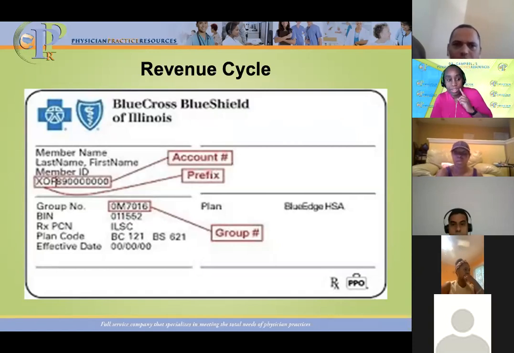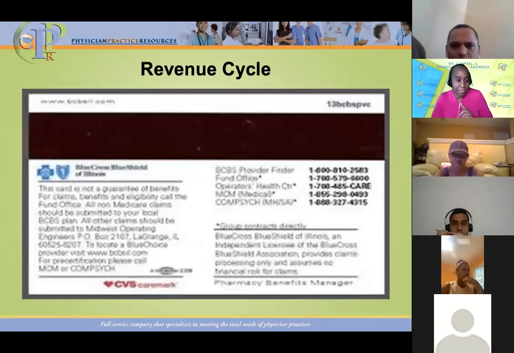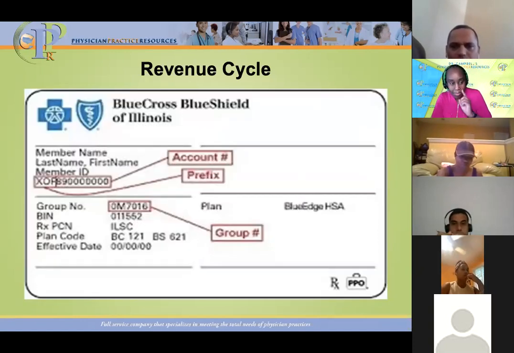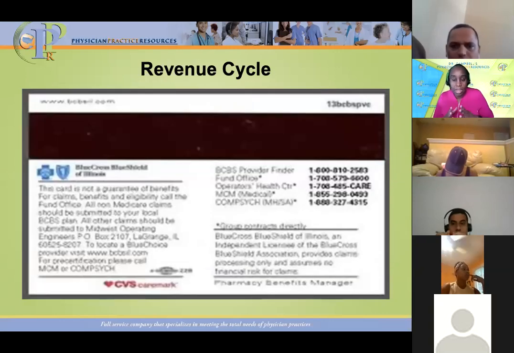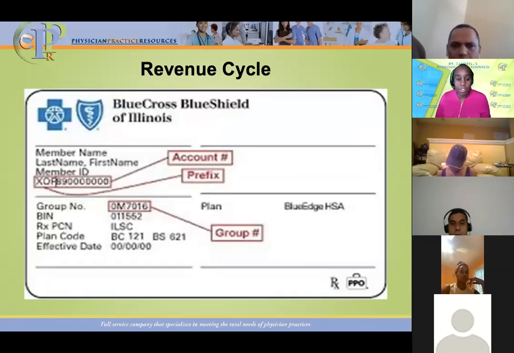Yes, but we want to get a copy of the front and the back, because the back of the insurance card is where you're going to have telephone numbers, where the bills go to, and all of that. So we always want to get a copy of the front and the back of the card.